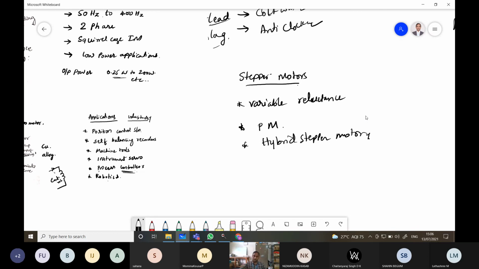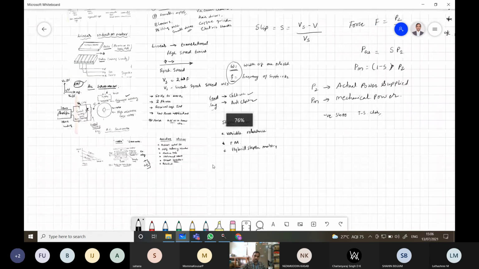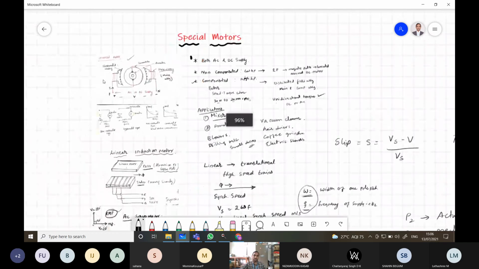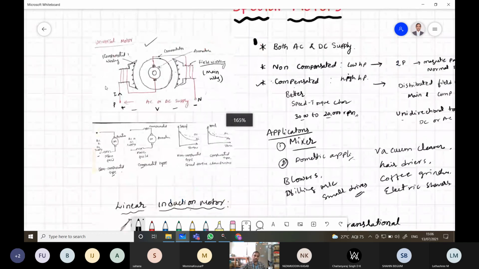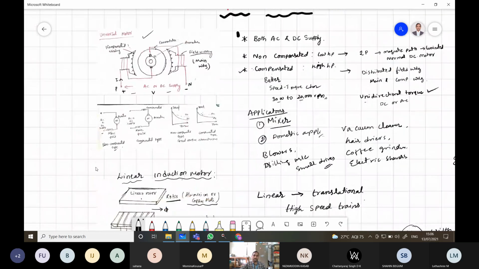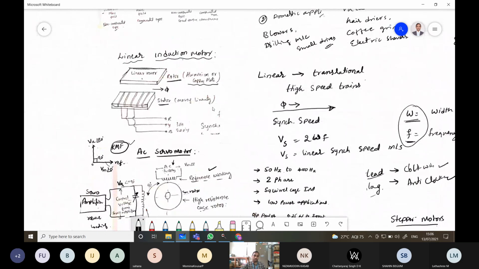Summarizing today's class, what we have discussed today: special purpose motors. The universal motor can be used for both AC and DC supply. The linear induction motor runs in only one direction, linearly, in a straight line, so it is not a rotating motor.